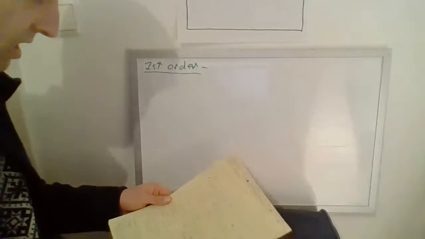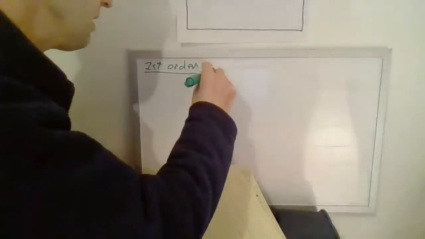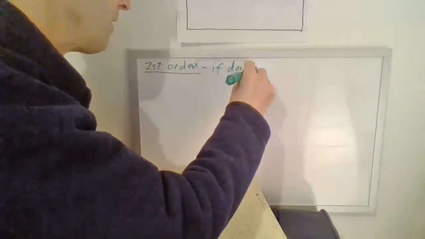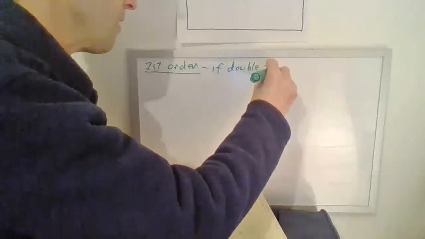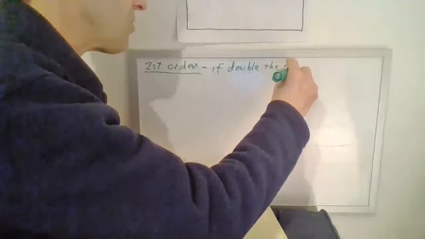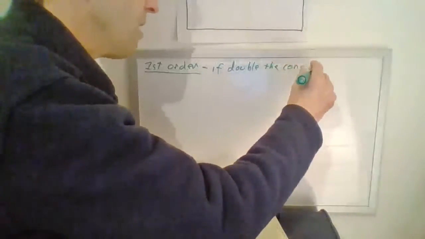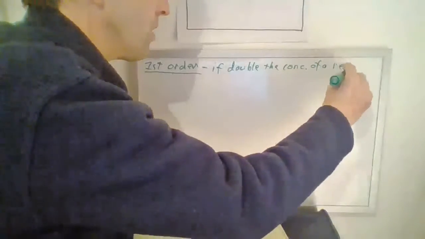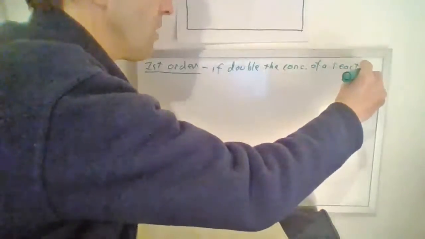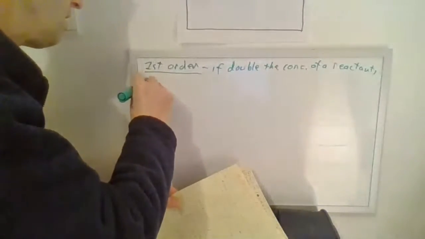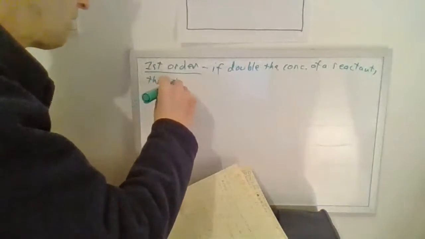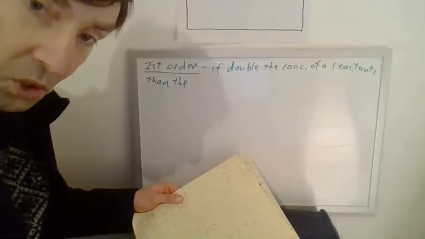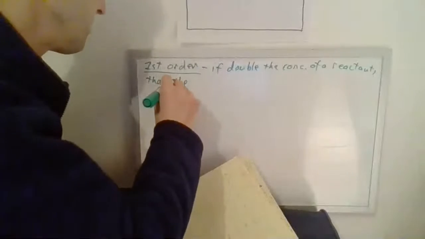What it means is if you double the concentration, CONC abbreviated, of a reactant, then the rate of reaction also doubles. So it's 1 to 1, hence first order.